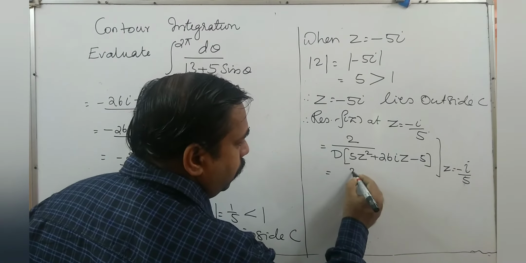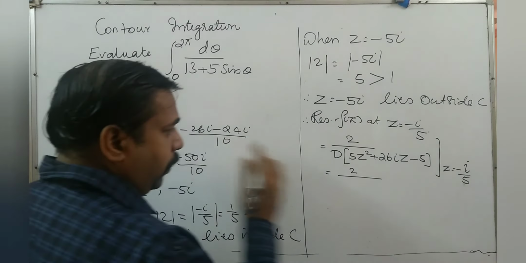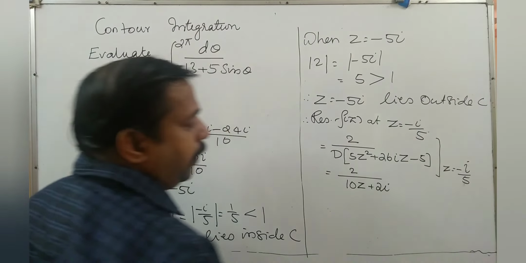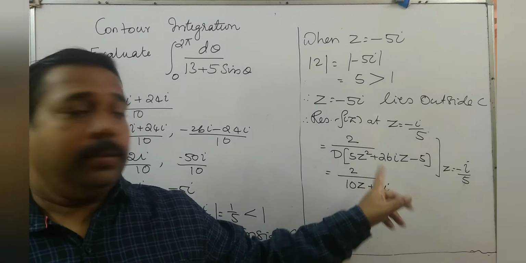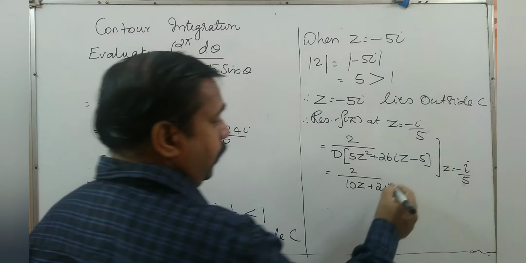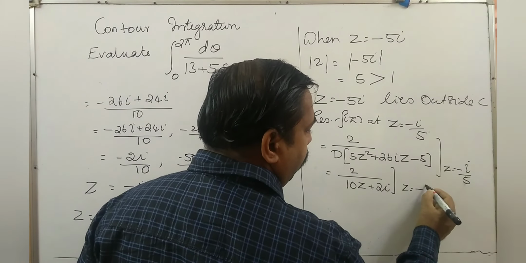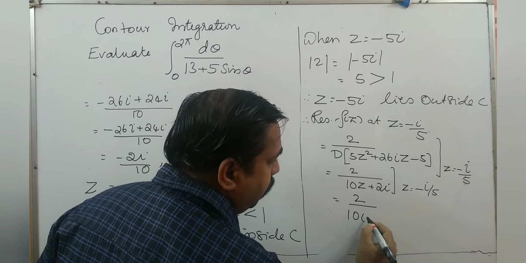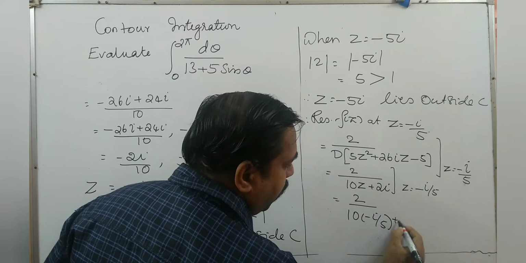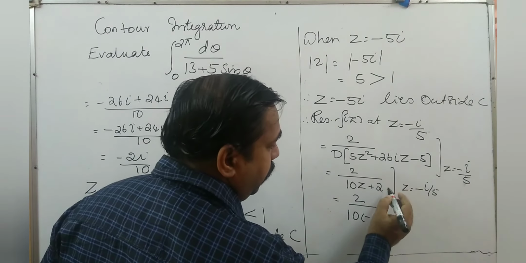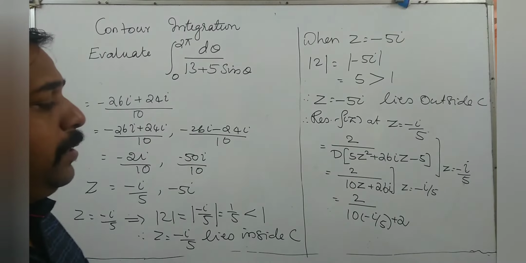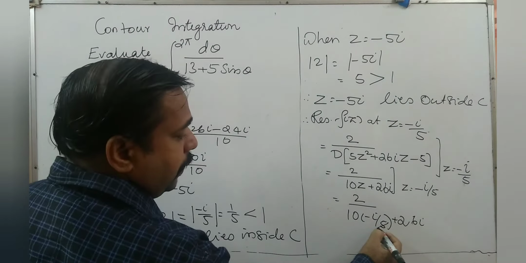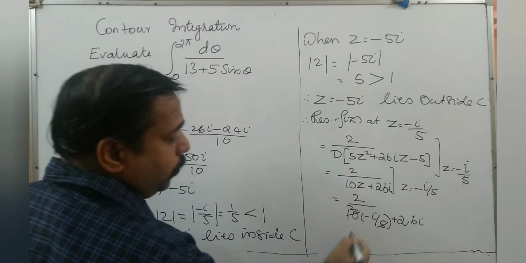So that is equal to 2 by 10z plus 26i, because z square differentiation is 2z, so 10z, and at z equal to minus i by 5. So substitute the values: 2 by 10 into minus i by 5 plus 26i. Here the 10 and 5 we can cancel, that is 2.